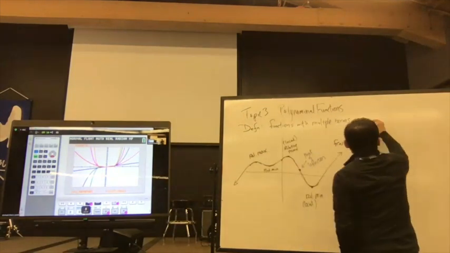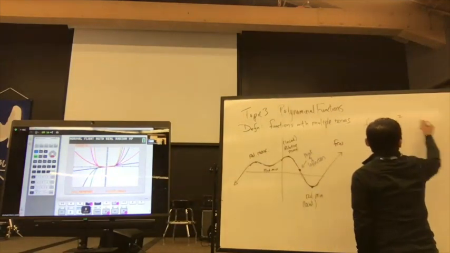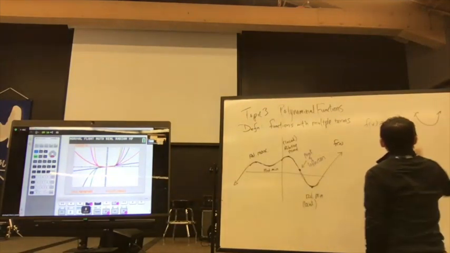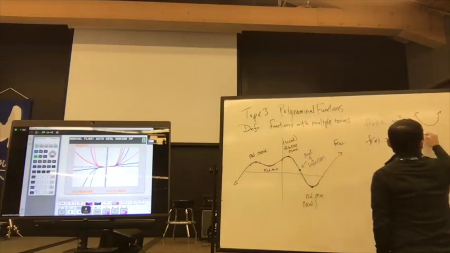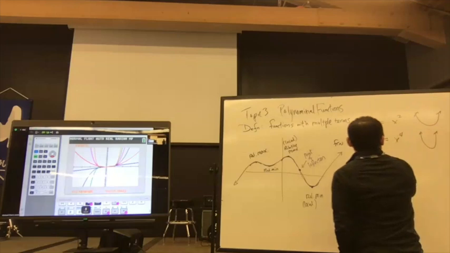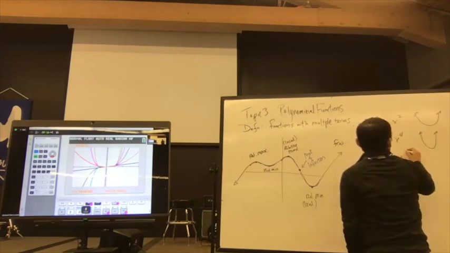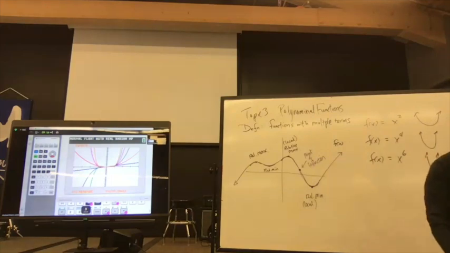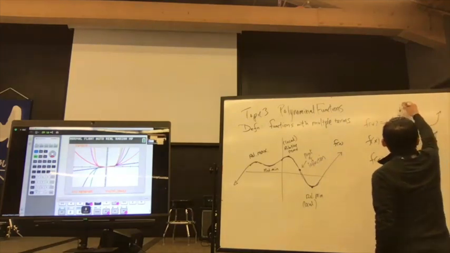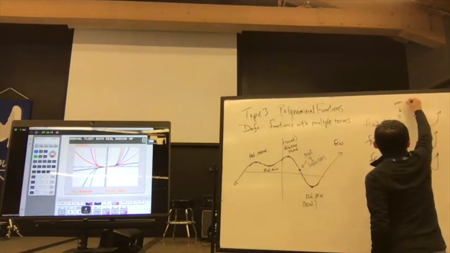When you have f of x equal to x squared, you got something like this. You have f of x equal to x to the 4, you got something like this. F of x equal to x to the 6th power, you got something like this. So these are the even powers.